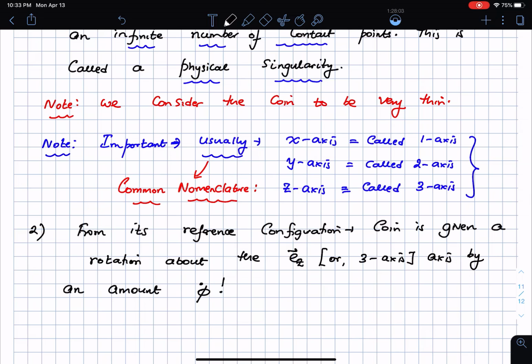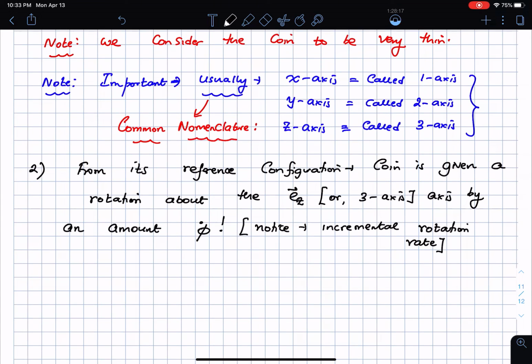Okay, this is an incremental rotation rate. And so here is the situation. So phi dot is the rotation given about the z-axis. So this is called the first sequence of the Euler rotation.